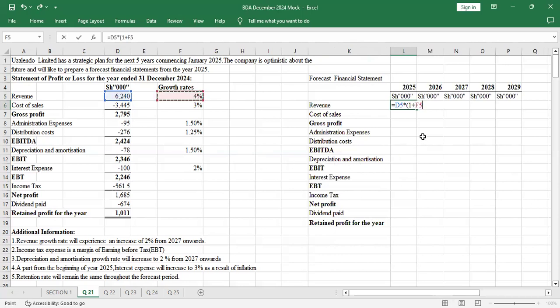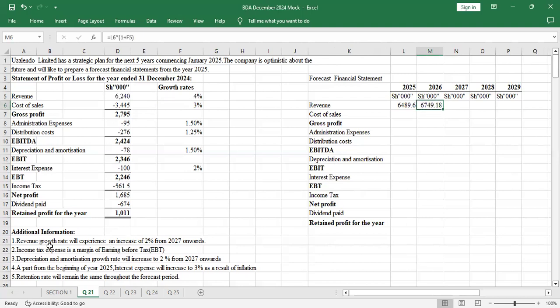Because this growth rate will be only for the 2 years, 2025 and 2026, there will be no need of locking it. So I'll just enter. Then for the second year also, I'll do the same, multiply by 1 plus the growth rate, which is 4%. And I'll not lock it because it ends there, up to 2026.